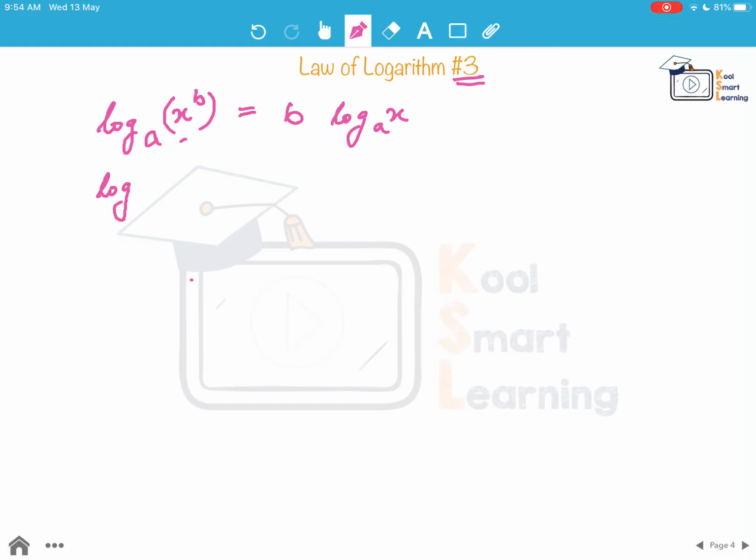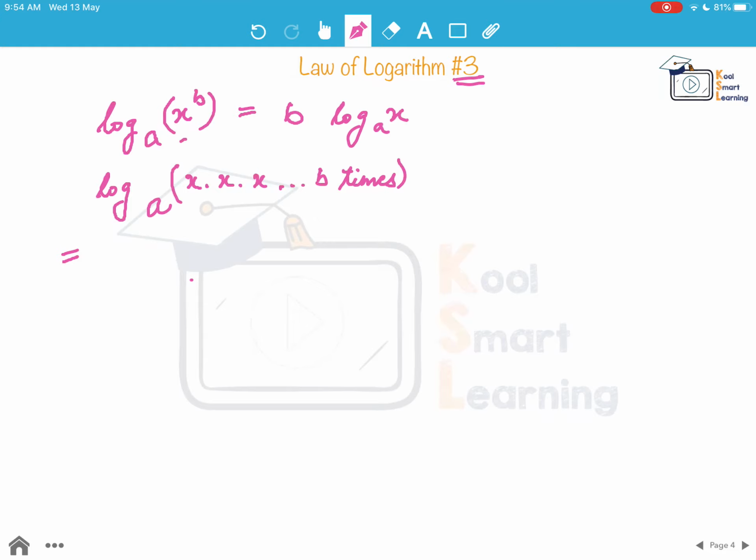We can write this as log of x into x into x, b times. X raised to power b can be written as x multiplied by x multiplied by x, b times. Now we are simply going to use the first property where we said log of xy is equal to log x plus log y. So if we have log of xyz, it will become log x plus log y plus log z.